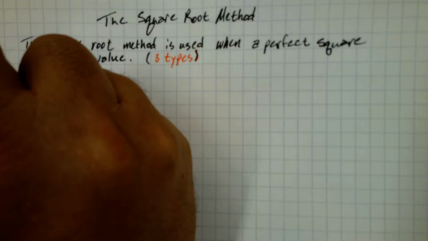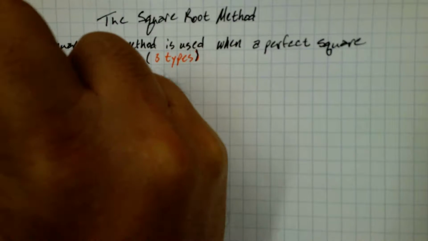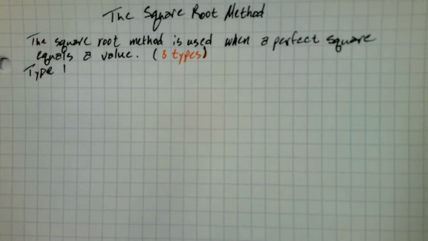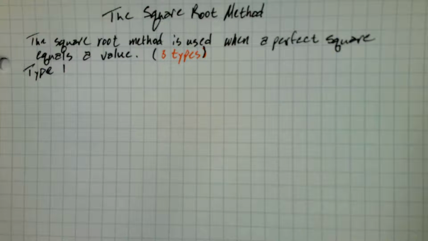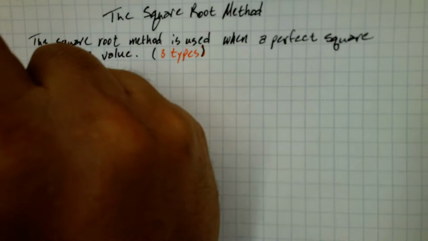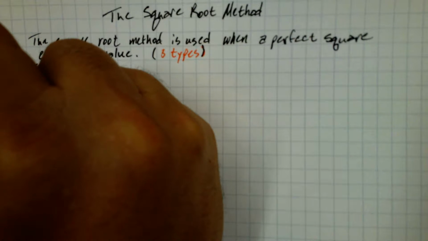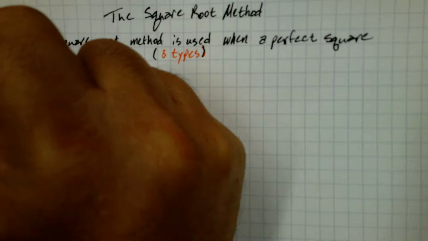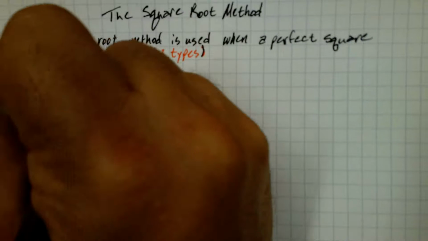Type number one. Type one, let's call it. And that one is x squared equals a value.